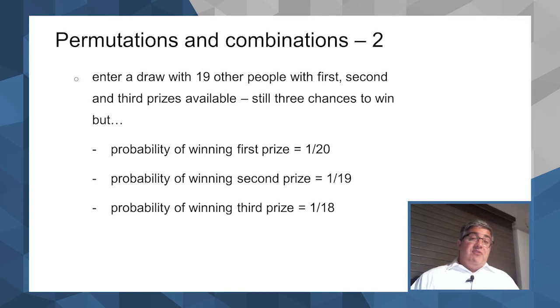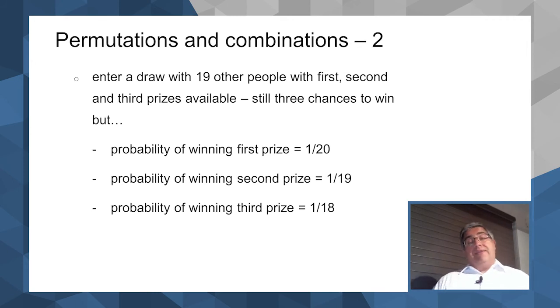But if the prizes are different, then the probabilities are going to be different. Because for the first one, there's only a 1 in 20 probability of winning the first prize. Once the first prize is gone, there's a 1 in 19 probability of you getting the second prize, because the person who won the first prize is now out of the draw.